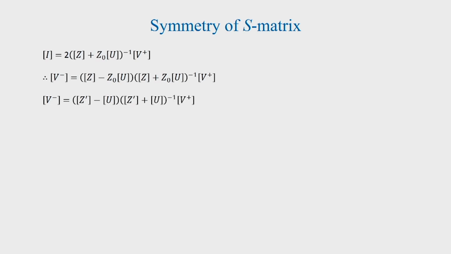So, once we make all these substitutions, we finally get the expression for S, which is S is equal to (Z dash minus u) multiplied by (Z dash plus u) inverse. So, this is another expression for scattering matrix S in terms of this normalized impedance matrix.